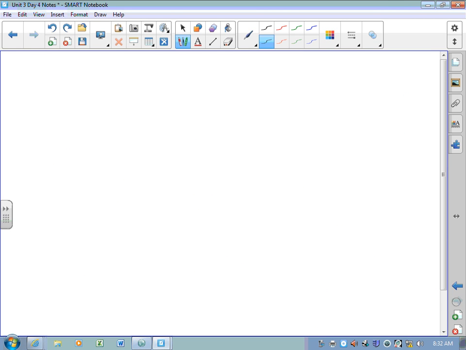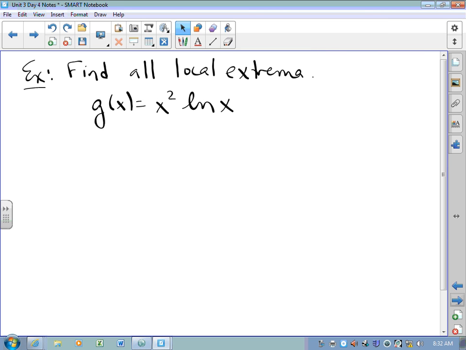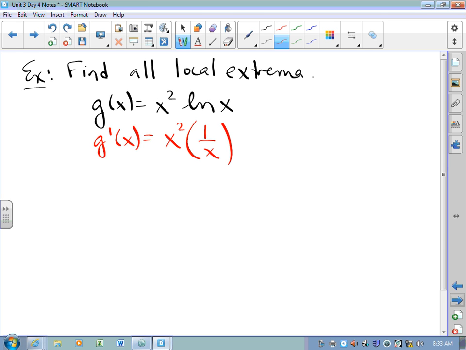If I may, find all local extrema for g of x is x squared ln x. So how does that work? Let's take a derivative. The product rule is so much fun.